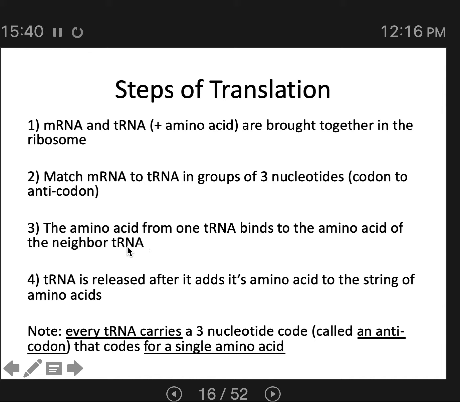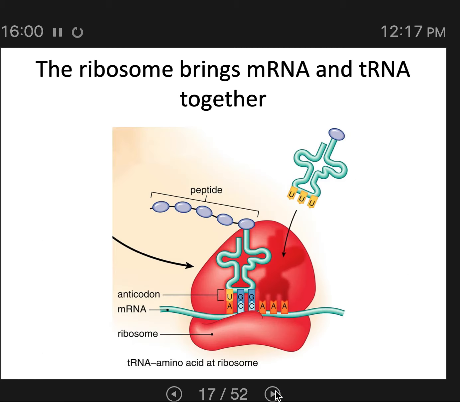Once the transfer RNA drops off its amino acid, the transfer RNA is released, and the next transfer RNA molecule can arrive and add its amino acid to the growing chain of amino acids. So note, every transfer RNA carries a 3-nucleotide code called an anticodon that codes for a single amino acid. So let's take a look at how that looks.